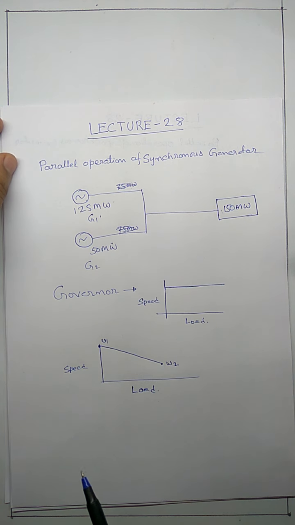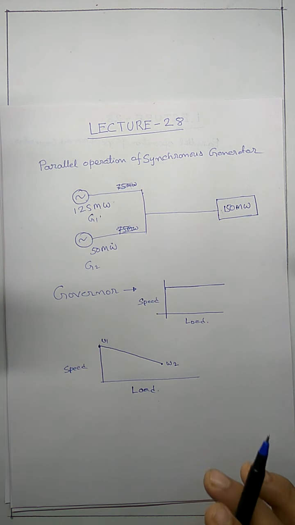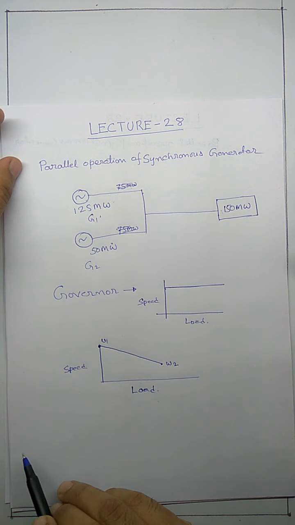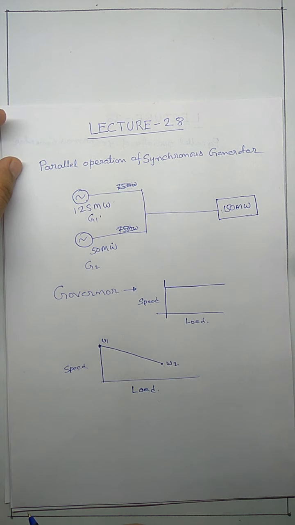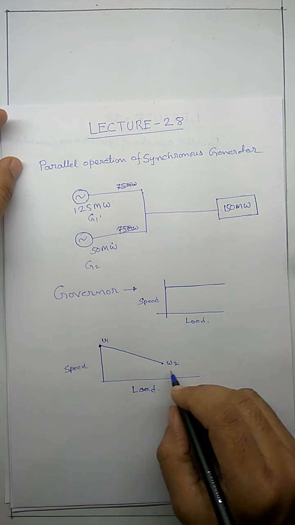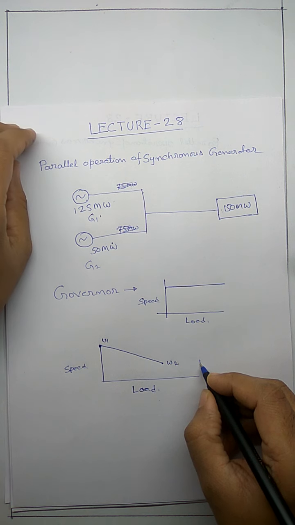When I say governor or turbine, I mean that the machine is simultaneously rotating. So the speed at which the turbine is rotating is not constant, but it drops a bit from the no load to the full load condition. And this type of characteristic of the governor is known as droop characteristics.